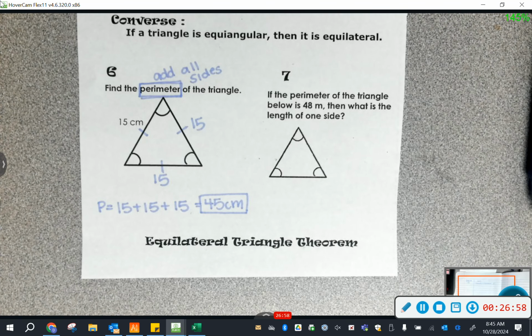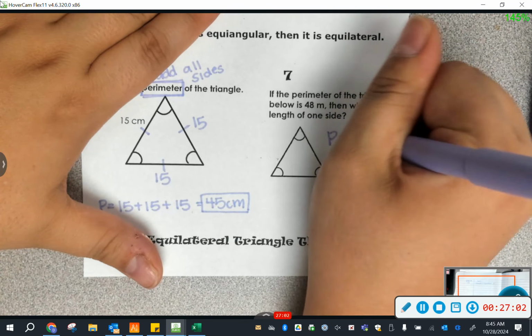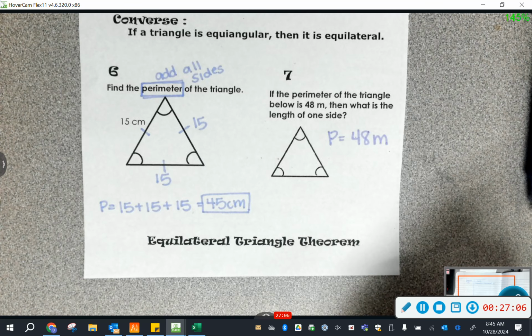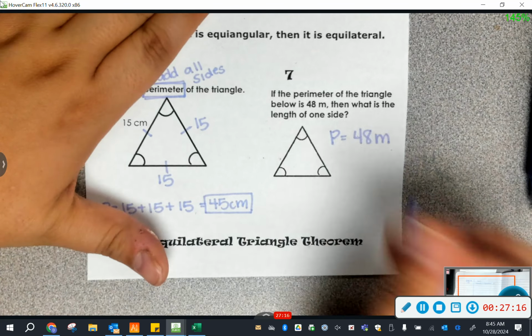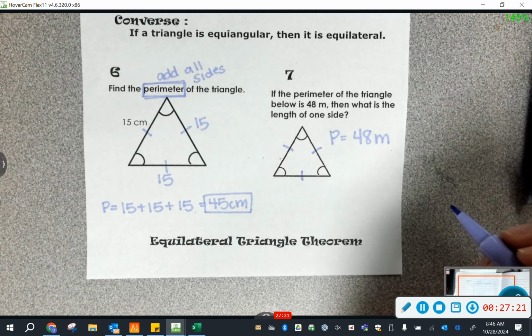If the perimeter of a triangle is 48 meters, what is the length of one side? 16. Hold on, real quick. Am I asking about angles at all here? Nope. This has nothing to do with 180 or 60. So I'm going to put tick marks on all three sides because they're all the same.